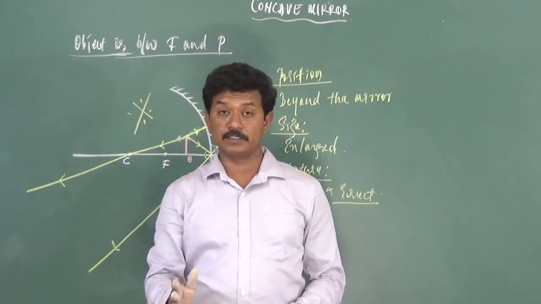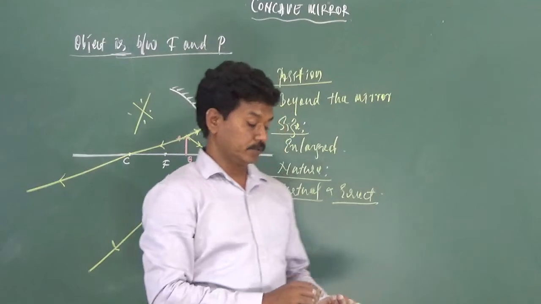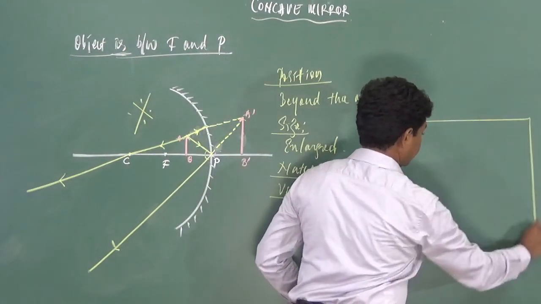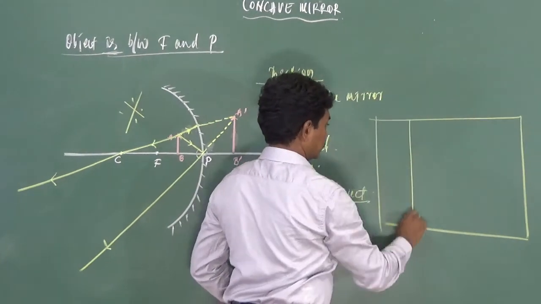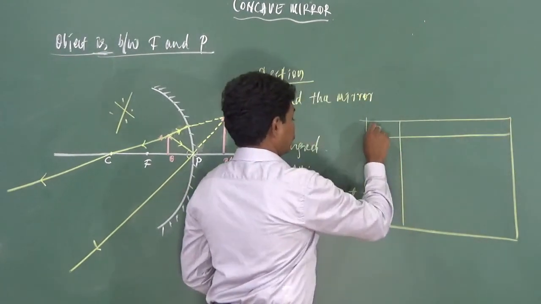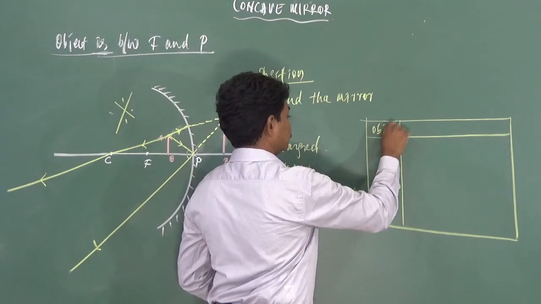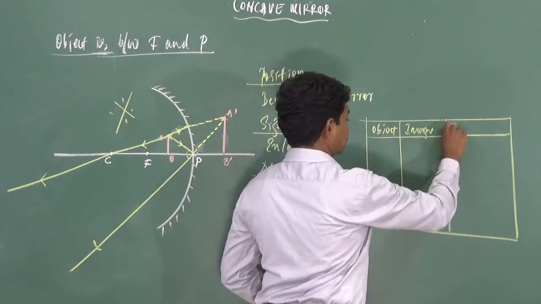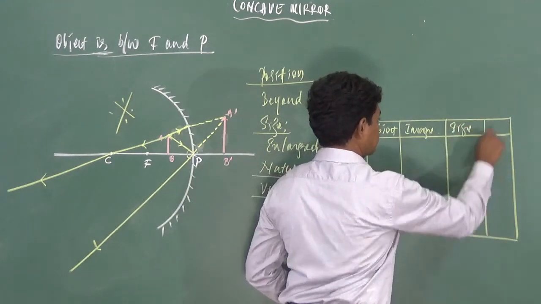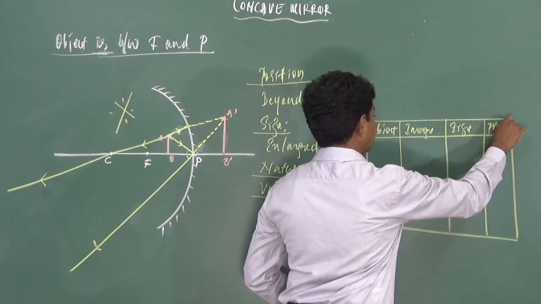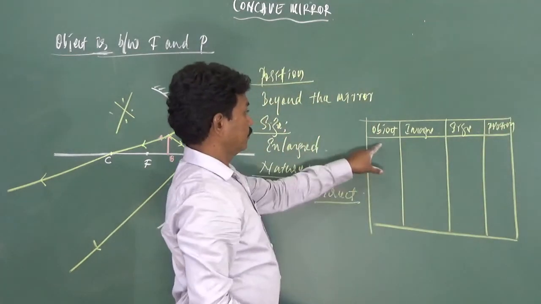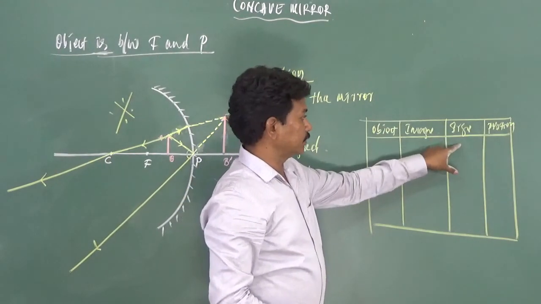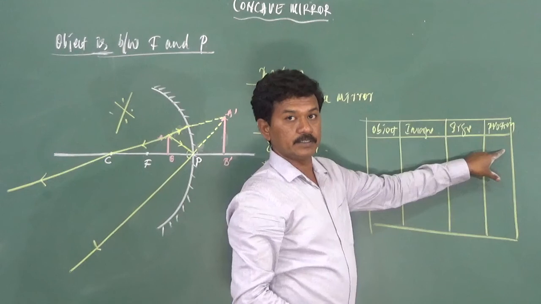And at the end of this, I am giving you a homework. You have to frame a table like this. In the first column, object, next is size, next is position. Make 4 columns like this: where the object is placed, where the image is formed, what is the size of the image, and what is the position of the image.